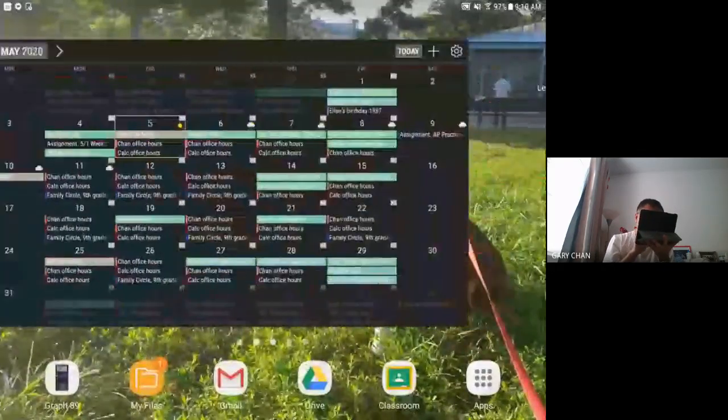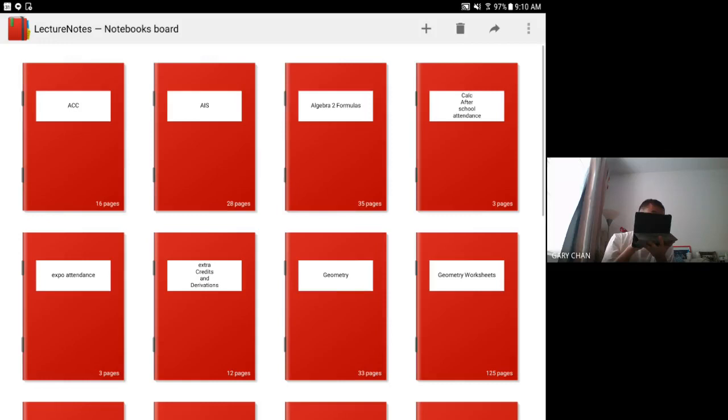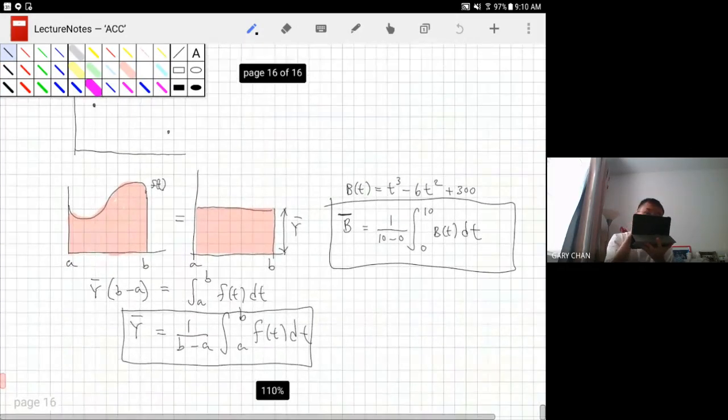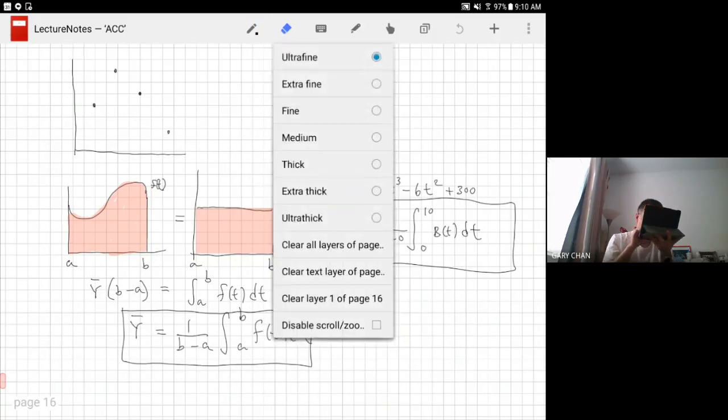So when we're talking about circles and circle geometry, we need to be clear on some of the terminologies. This other stuff is calculus, so I'm going to erase all this.